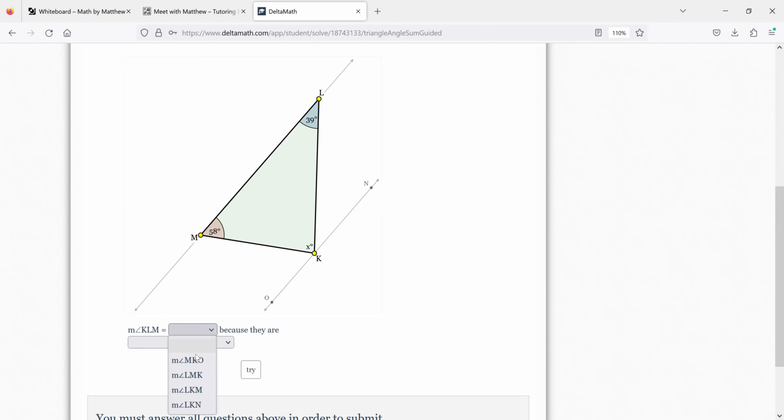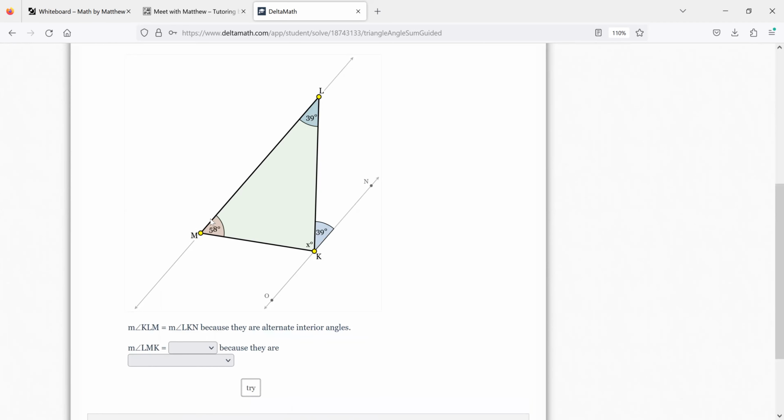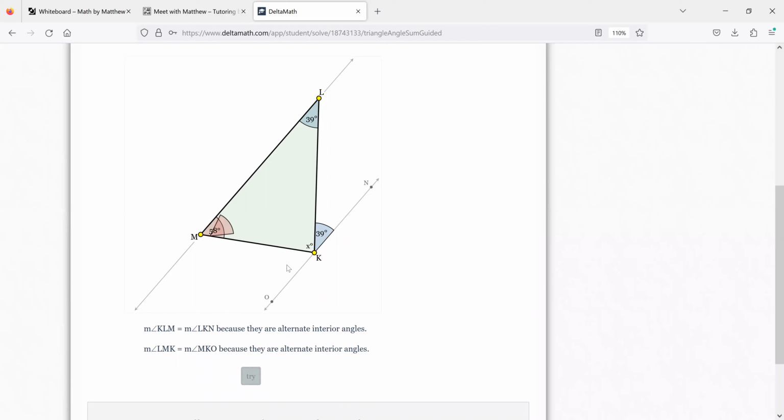That's NKL or LKN, and that's alternate interior angles. You'll see that one slides right in there. Boom, got it. LMK, this other one, it goes down here. OKM or MKO, and that's alternate interior angles. We'll see that that flops right in there.